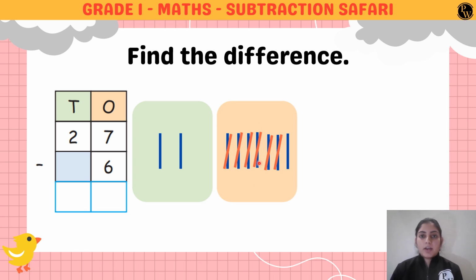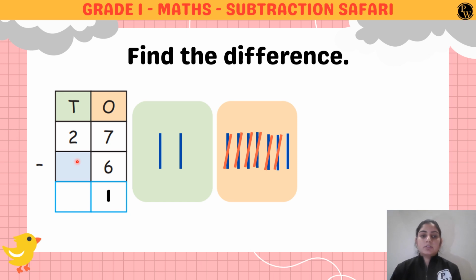So we strike these 6 standing bars using 6 slanting lines. So how many are we left with? We are left with 1 in the ones place. So we write 1 here. Now, do we have any number in the tens place? No, right? So we consider it as 0.